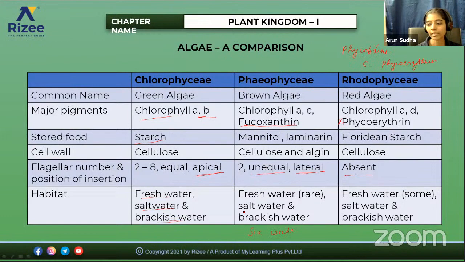Regarding the red algae, some are present in freshwater, and mostly in salt water and brackish water. So these are the main differences between the green algae, brown algae, and red algae.